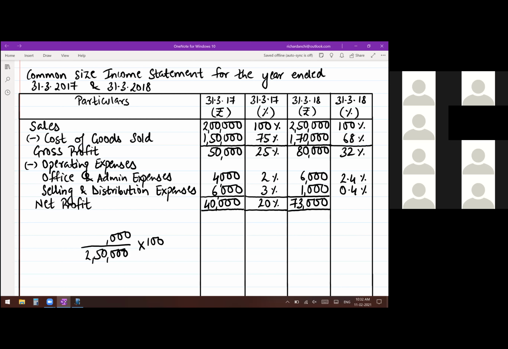Net profit, two ways of calculating. Either you take 73,000 divided by 2,50,000 into 100, or subtract both the operating expenses and get it as a percentage.